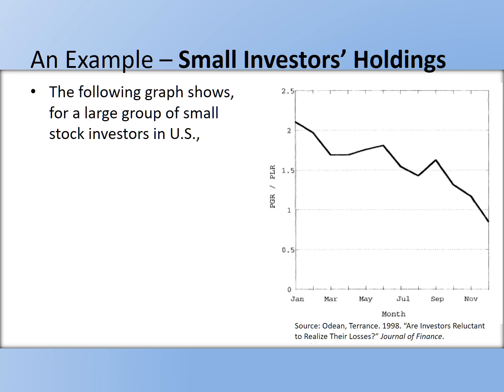You see that there's a downward slope through time of the year, right? So somehow people are very likely to realize their profit in January, and highly unlikely to realize their profit in December.